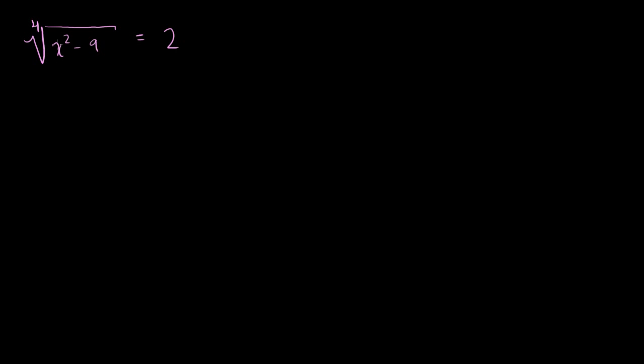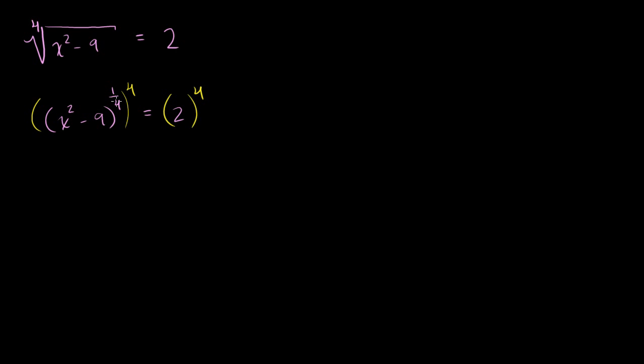And just as a bit of a review, another way to write it would be x squared minus 9 to the 1/4 power is equal to 2. These are equivalent statements, just different ways of writing the fourth root. Now, if we raise both sides to the fourth power, what happens to this exponent right here?